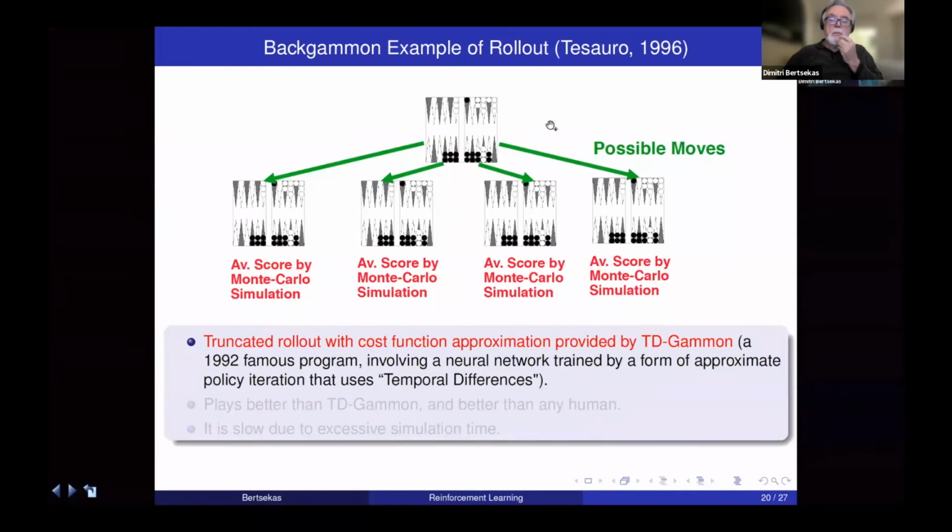What is the state here? Well, prior to every movement of pieces, there's a roll of the dice by either the black player or the white player. So let's assume that we are at the white player's turn, and the state is the board position and also the roll that this white player has rolled, like 6 and 4, or 1 and 3, or whatever.